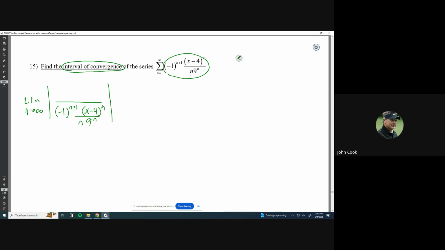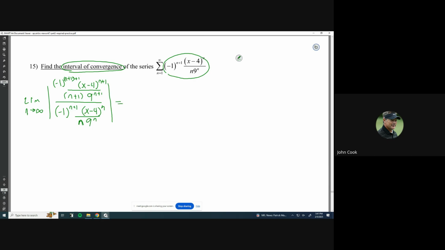So you'd have -1 to the power of n plus 1 plus 1, then x minus 4 to the power of n plus 1. See how we have an n right there? That's going to turn into n plus 1, and instead of 9 to the n, it's going to be 9 to the n plus 1. And then from here, we just simplify it.